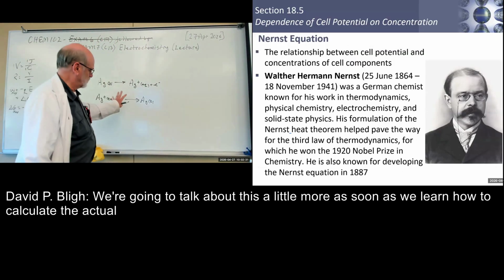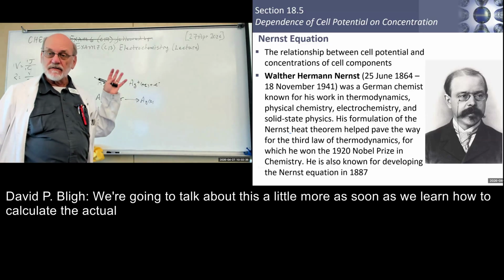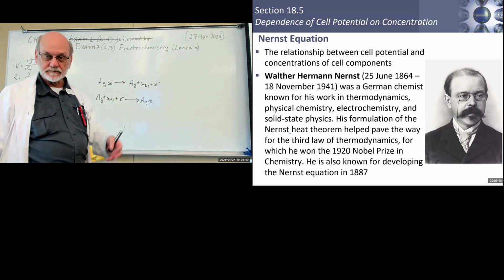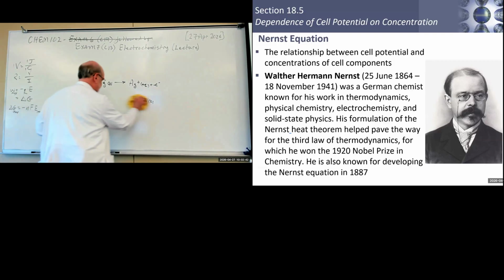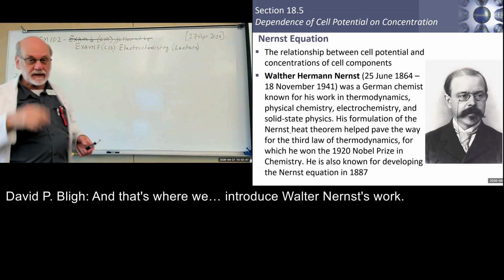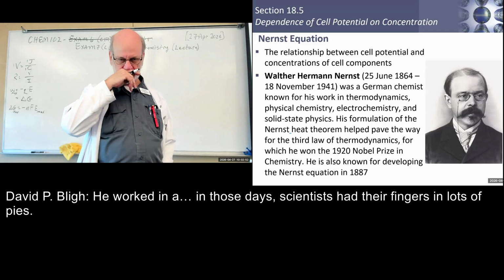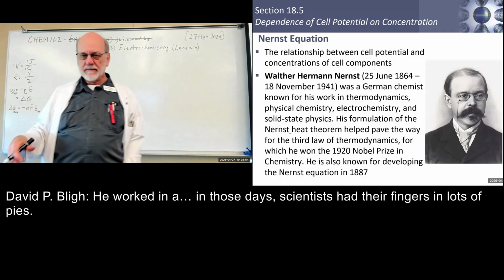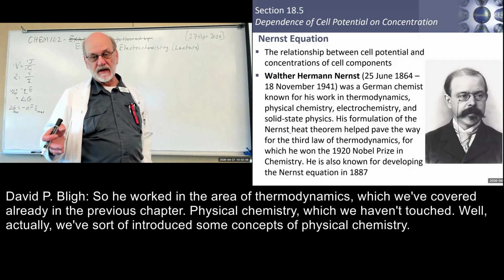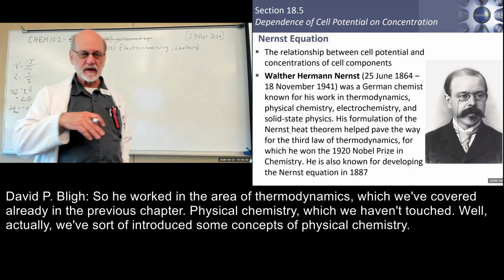Now we're going to talk about this a little more as soon as we learn how to calculate the actual electrical potential for a cell. And that's where we introduce Walter Nernst's work. In those days, scientists had their fingers in lots of pies. So he worked in the area of thermodynamics, which we've covered already in the previous chapter.